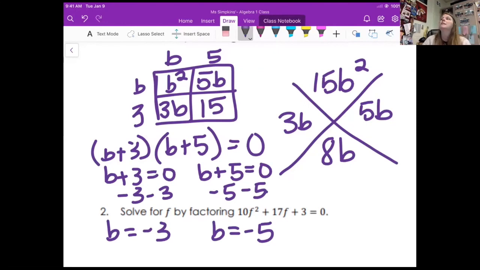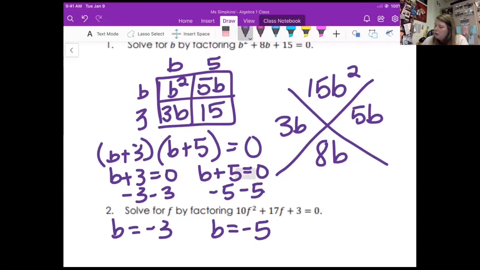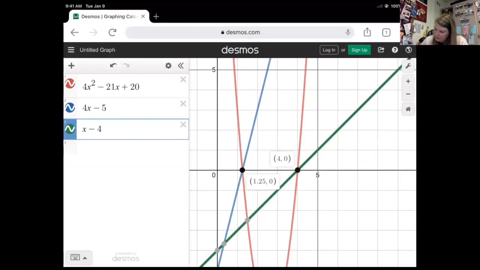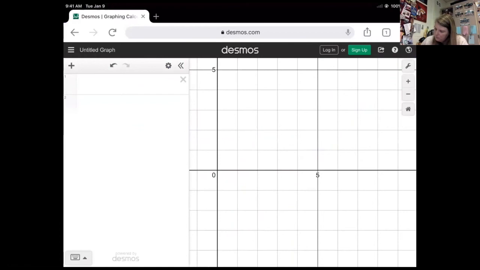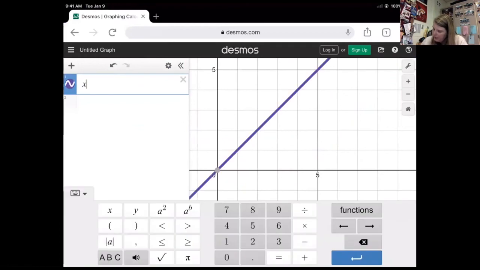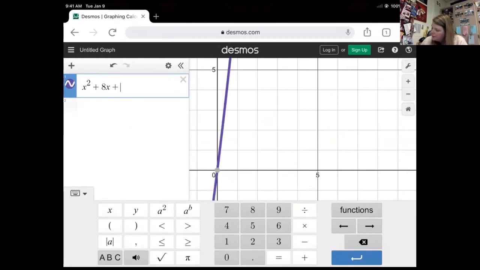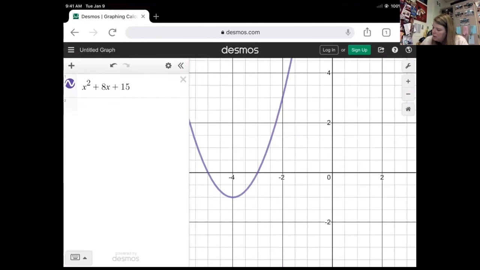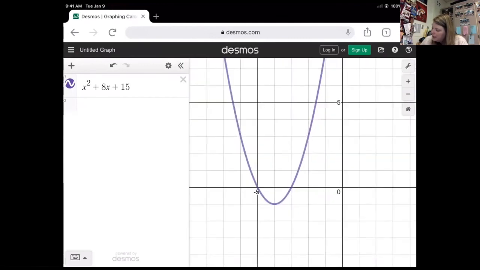It's going to cross at x is -3 and x is -5. So let's make sure that that's true. So I'm going to graph it. X squared plus 8x plus 15. And if you look, it crosses at -3, 0, and -5, 0.